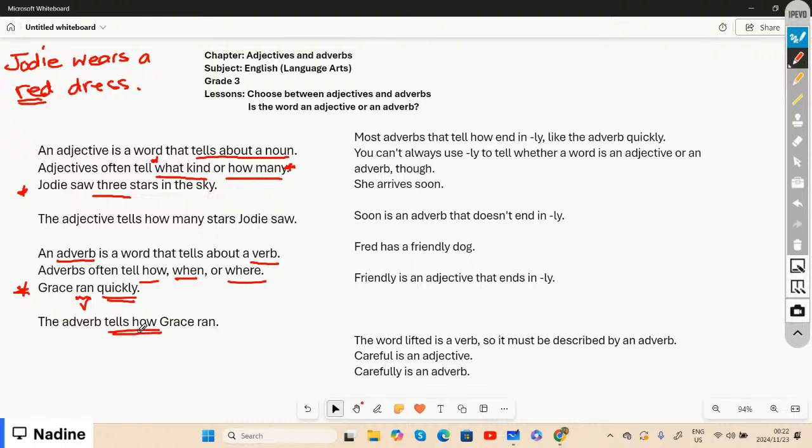And when it comes to adverbs, most of our adverbs that tell us how end in ly. Like for example, here, quickly tells us how Grace ran. Quickly, hurriedly.